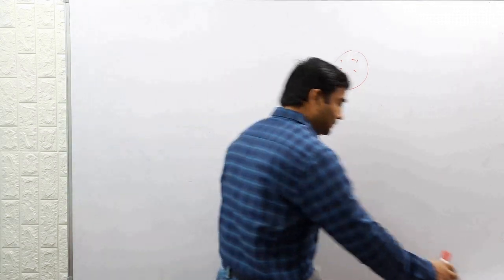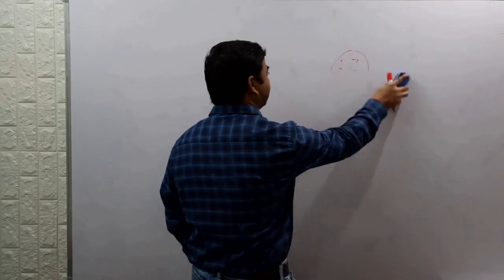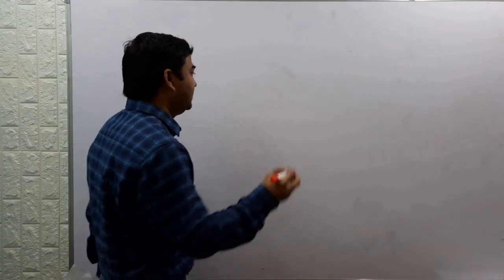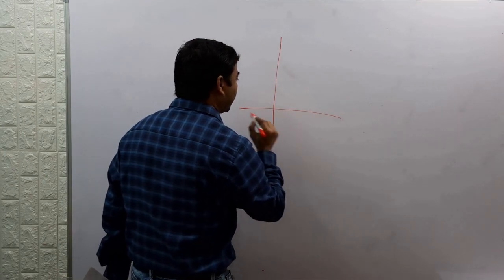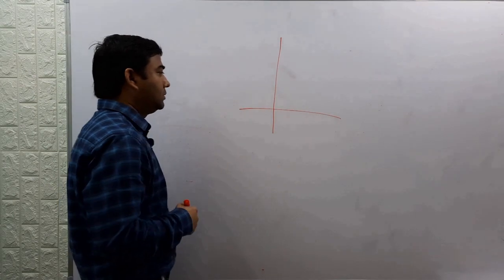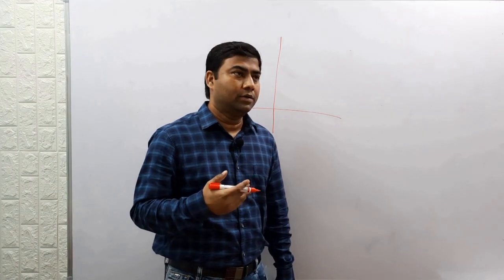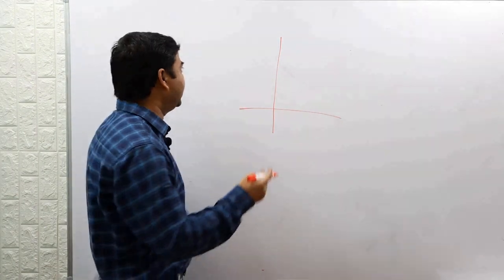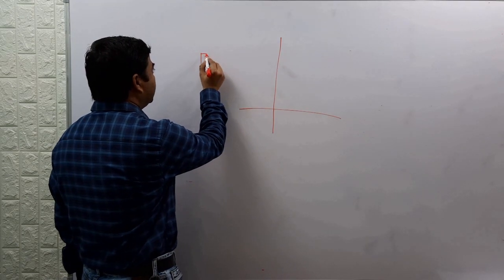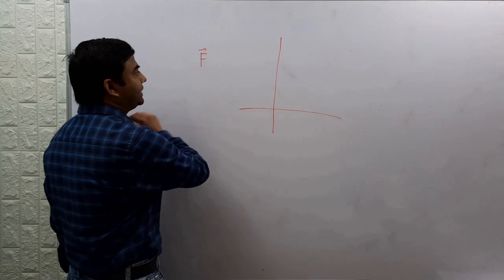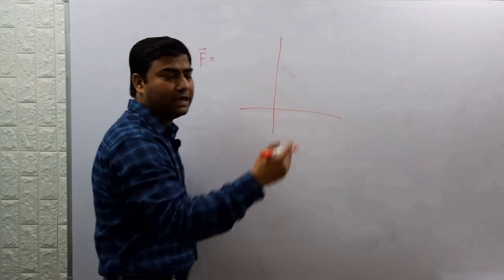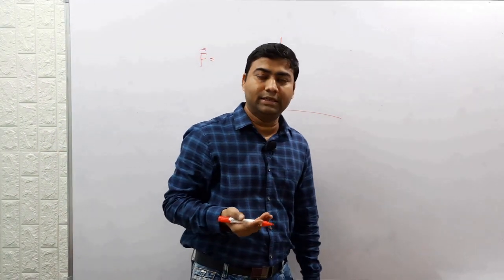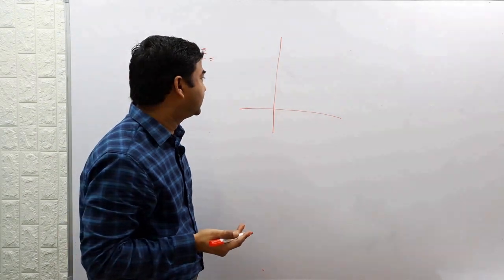So for example, we will take a very simple example here. Generally, a vector field is defined as a vector function in terms of i, j, k. Let i, j, k be unit vectors in the positive x, y, z directions.